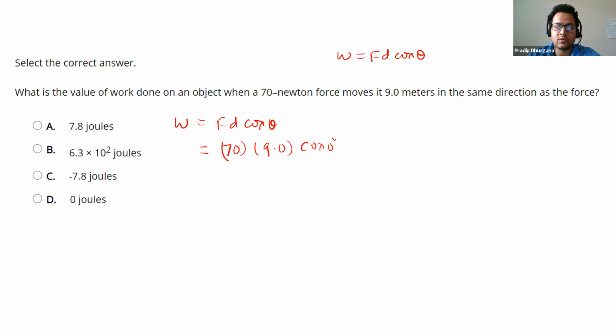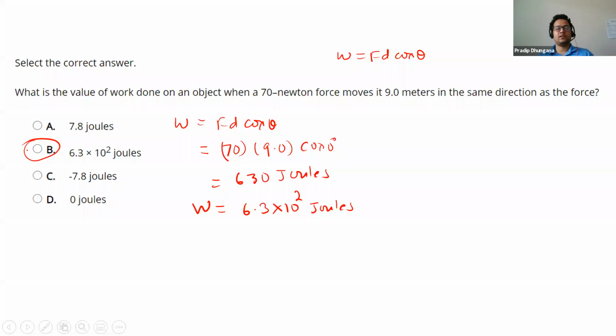Cosine of 0 degrees is 1, so it becomes 70 times 9, 630 joules. In scientific notation, that is 6.3 times 10 to the power 2 joules. So the correct choice is B, 6.3 times 10 to the power 2 joules.